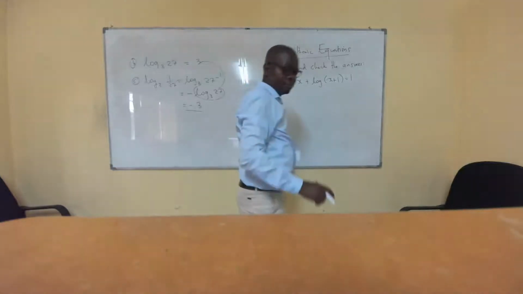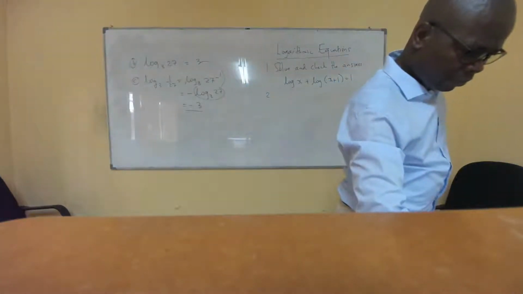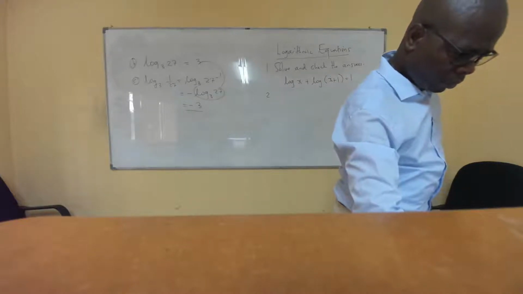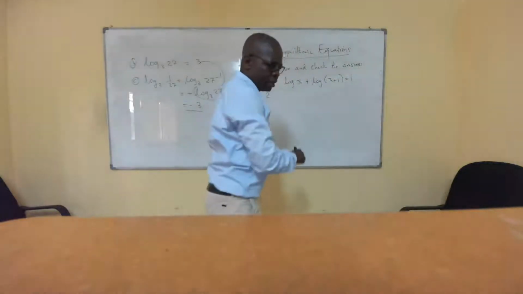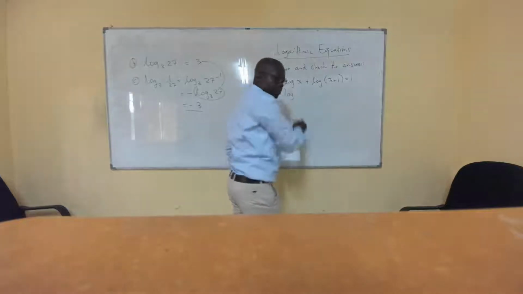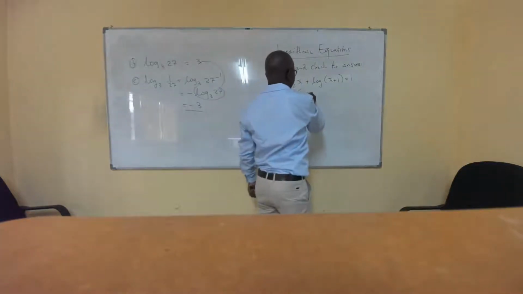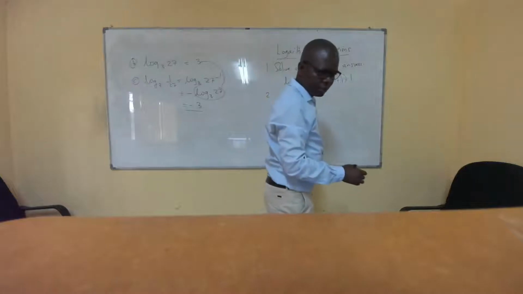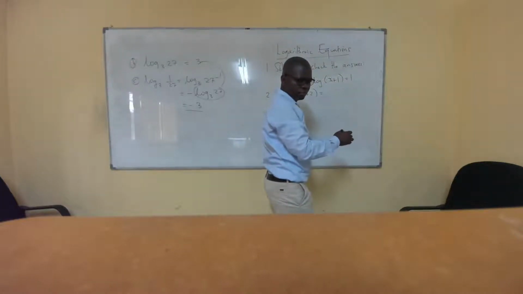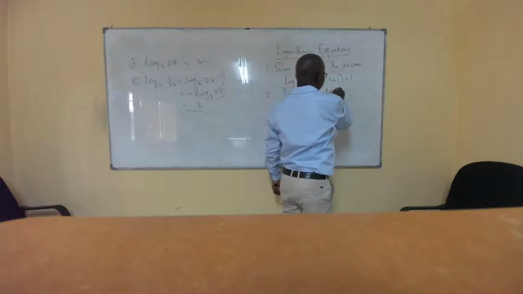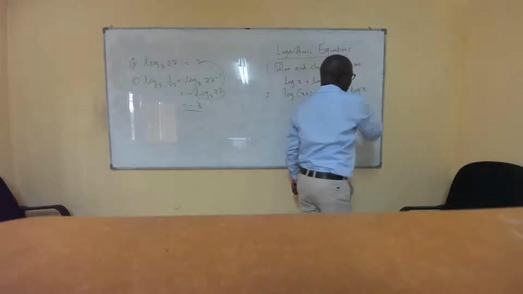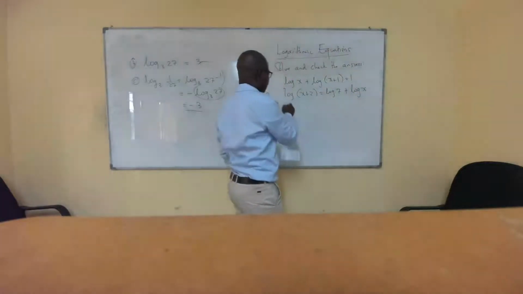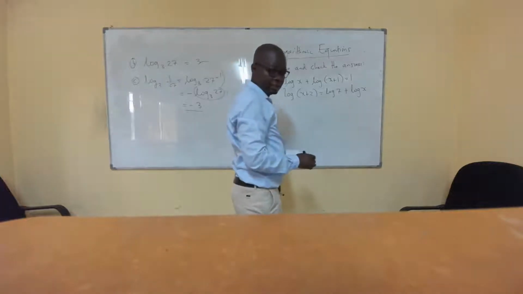The second one is log of (x plus 2) equals log 7 plus log x. We can put c by 3.